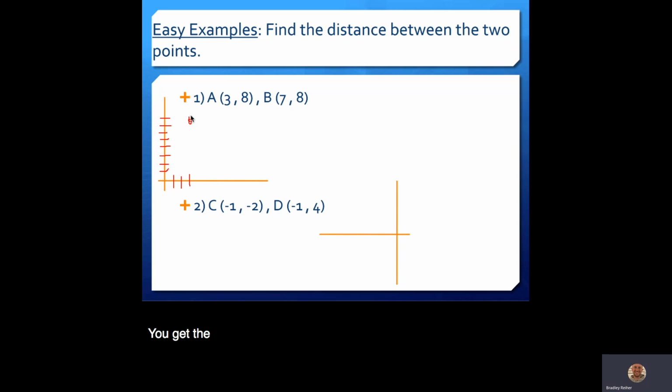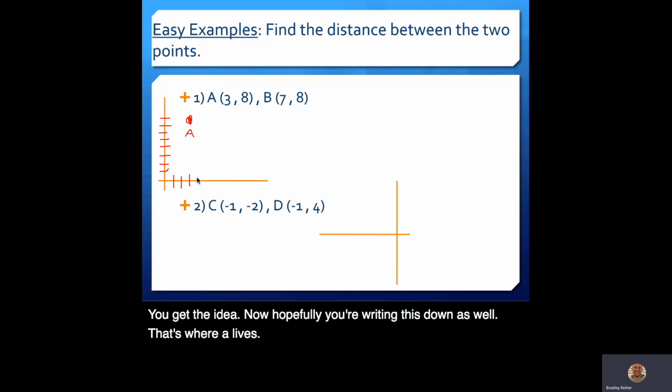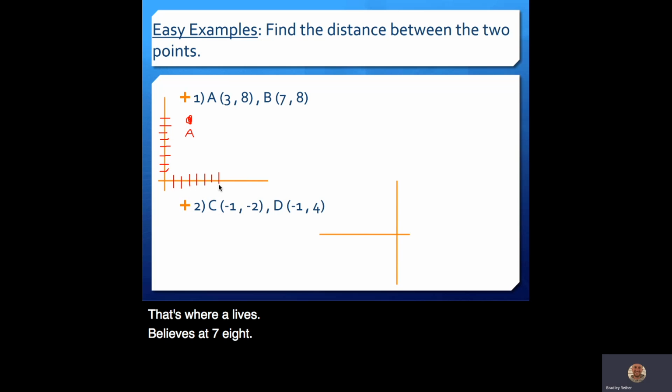Now, hopefully you're writing this down as well. That's where A lives. B lives at 7, 8. So I'm going to count over 7 and then go up the same 8. That's where B lives. That's an ugly B.